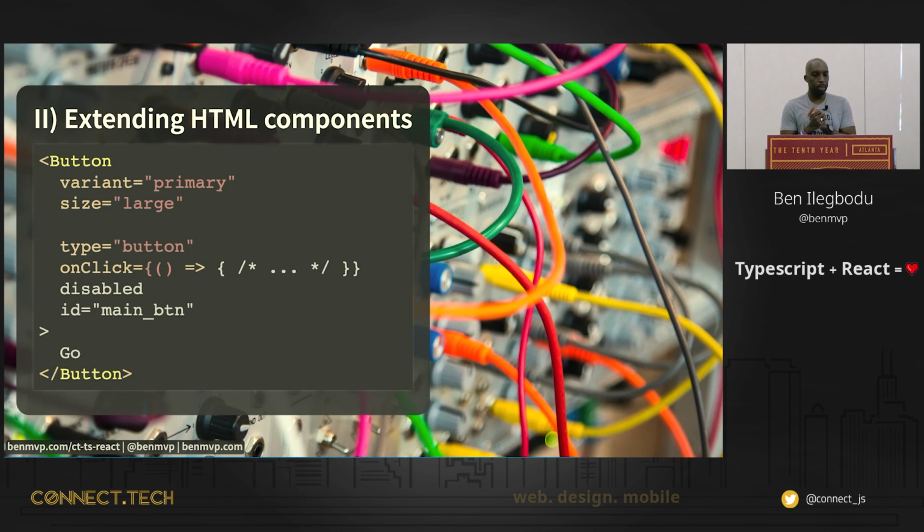So it has some props that we want to control, like variant or size, right? Those are our properties. And we want all of the normal button properties like onClick, disabled, and so on to be able to be passed. And we want this all to be TypeScript, right?